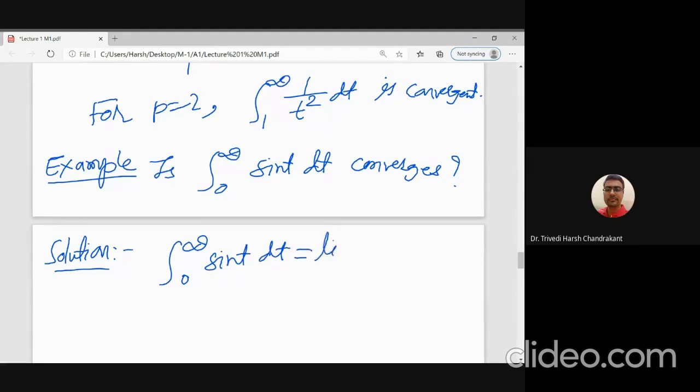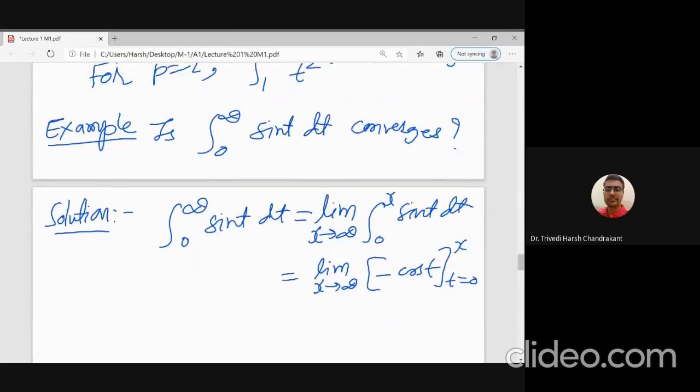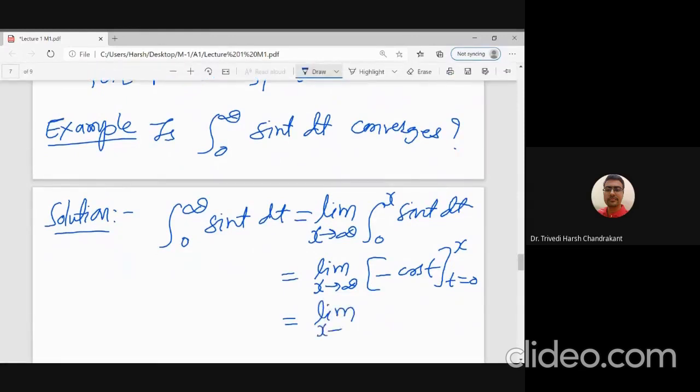By definition it is the limit as x tends to infinity of the integral from 0 to x of sin t dt. We know that the integration of sin t is minus cosine t, evaluated from t equal to 0 to x. So that is the limit as x tends to infinity of 1 minus cos x.